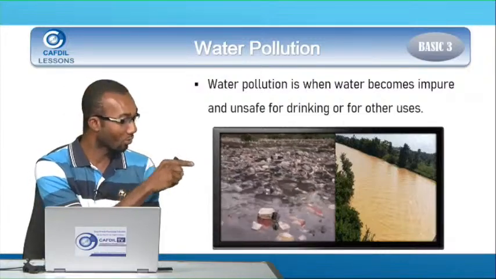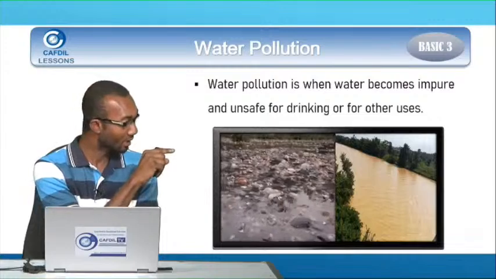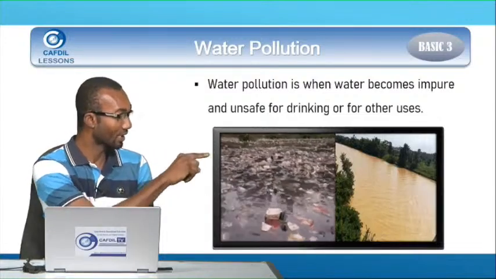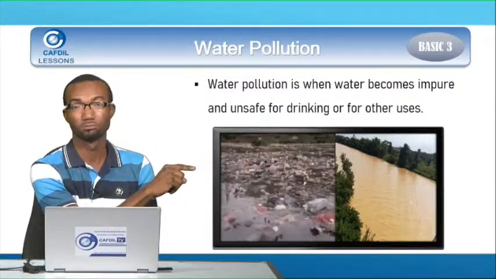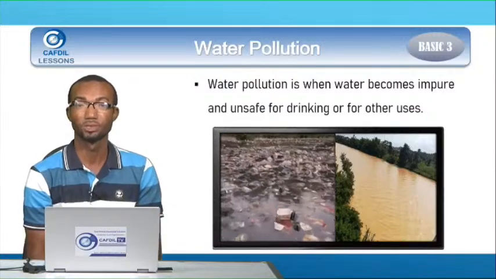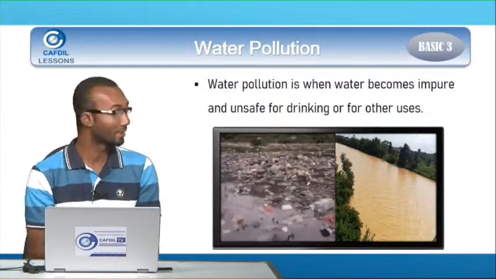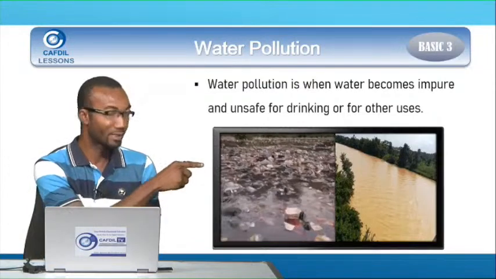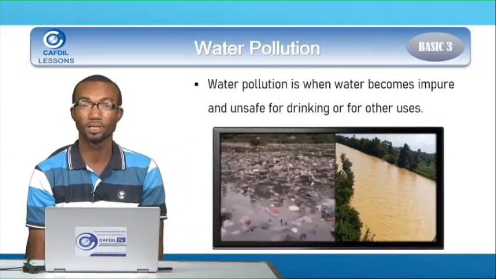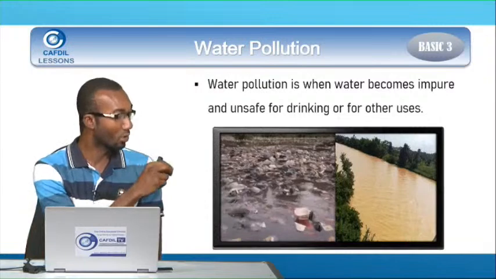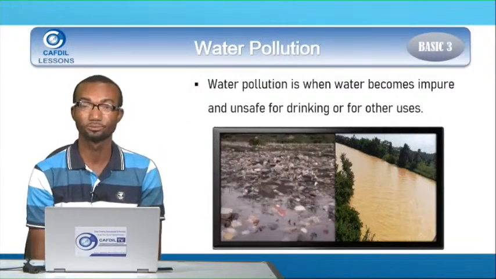This is what we call water pollution. So anytime you see water in this form, it's water pollution. And we are going to look at things that turn good water into polluted water.